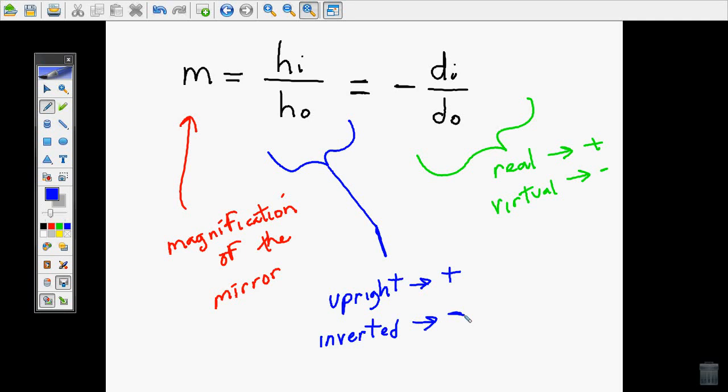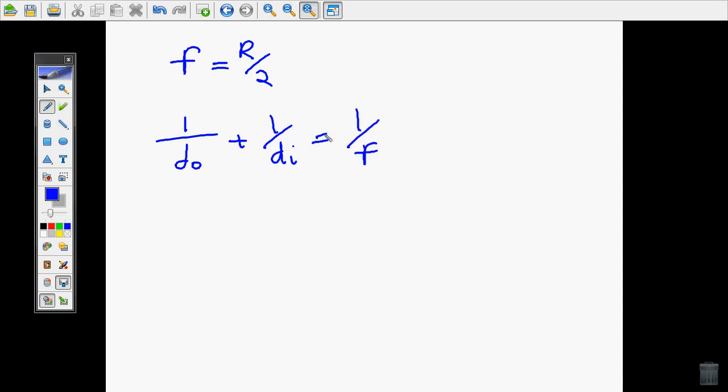so in summary, all the formulas involved here are as follows. f equals r over 2, 1 over dO plus 1 over dI equals 1 over f. And by the way, that does not simplify to dO plus dI equals f.